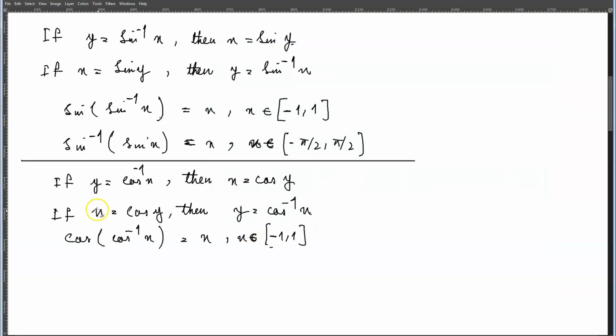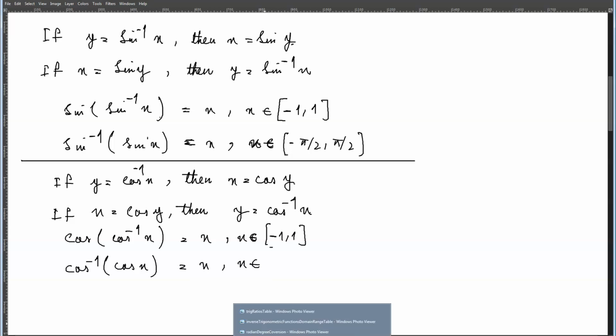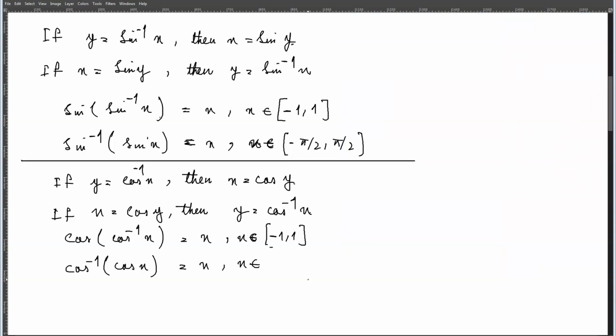And also I can say that the cos inverse of cos x is equal to x for all x belonging to the domain of the cos function, which is 0 to π.